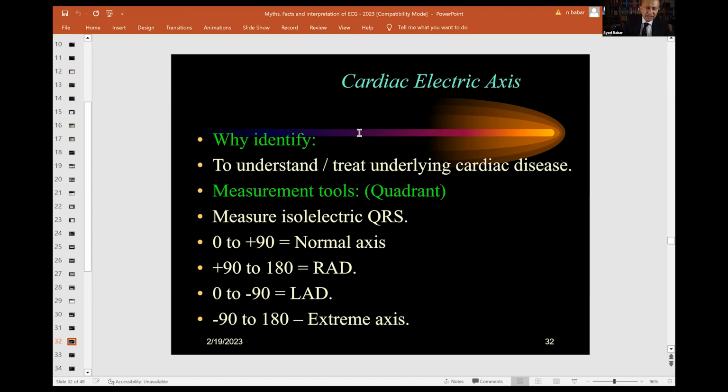And the axis is calculated either by the quadrant mechanism. So you find the isoelectric QRS in any lead, and then you measure. Positive, 0 to 90, would be normal axis. From 90 to 180 on the other side is right axis. 0 to 90 from the lower side will be left axis deviation. And if it is minus 90 to 180, it's extreme axis.